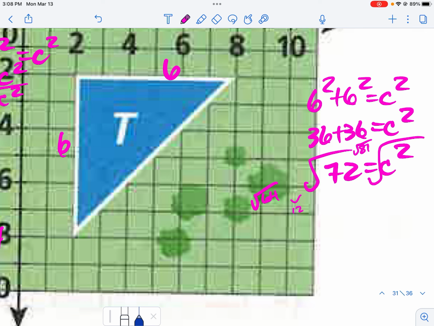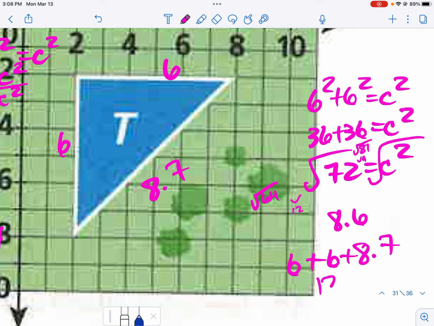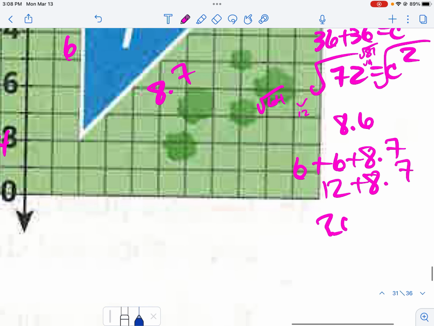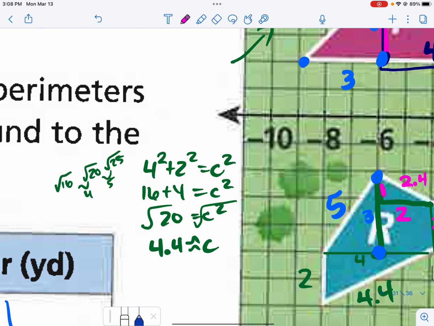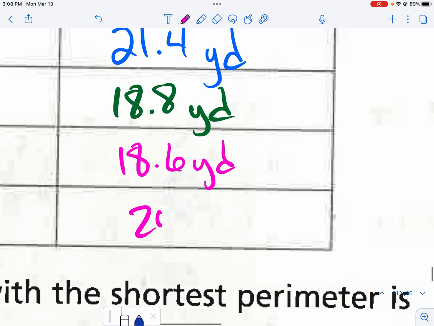This is 12 away. This is 9 away. So I'm going to go with 8.6. So 6 plus 6 plus 8.7. That's 12 plus 8.7. So that's 20.7. So I'm going to say that this is 20.7 yards.